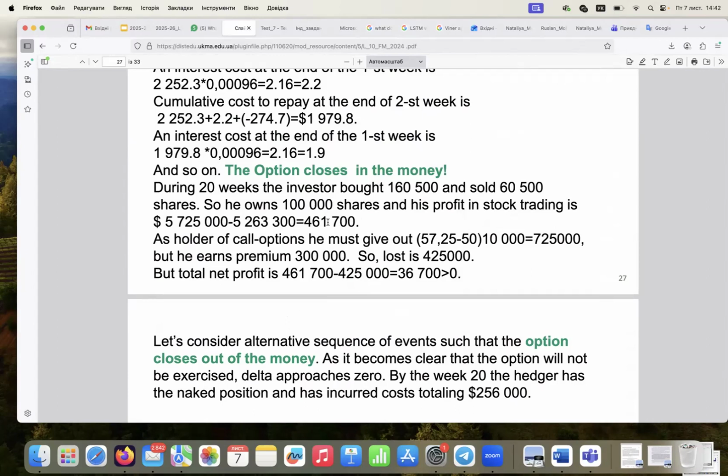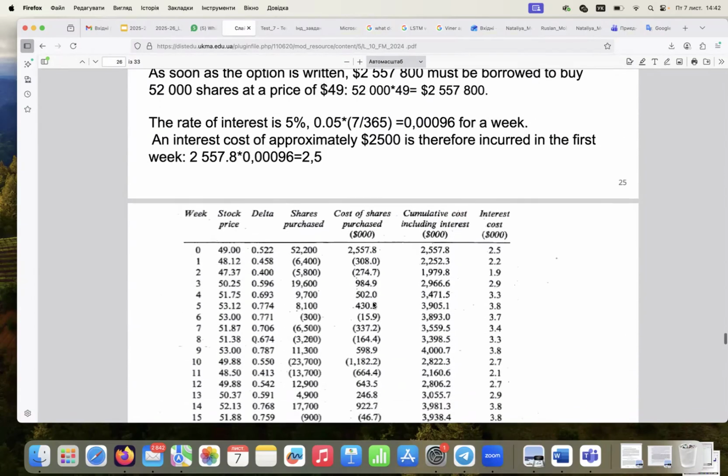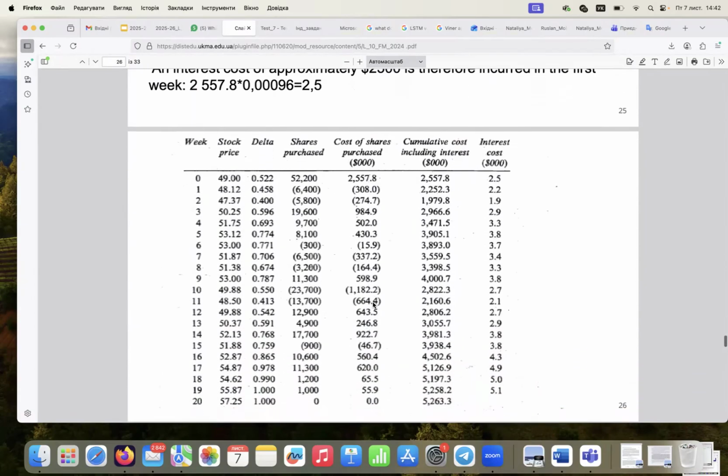Now I would like to add that this strategy involves trading call options, but you do not always have the possibility to trade call options. But you can trade, for example, currency, the usual deal.